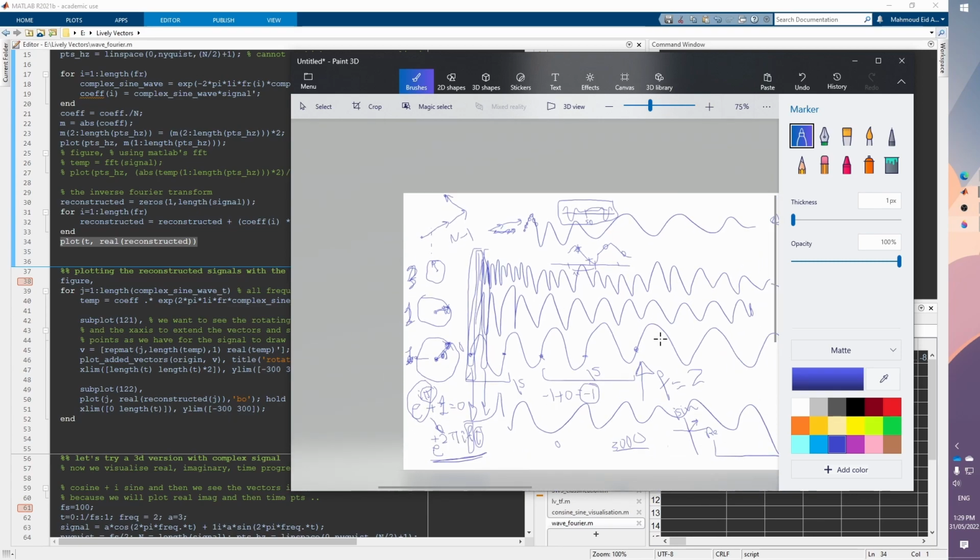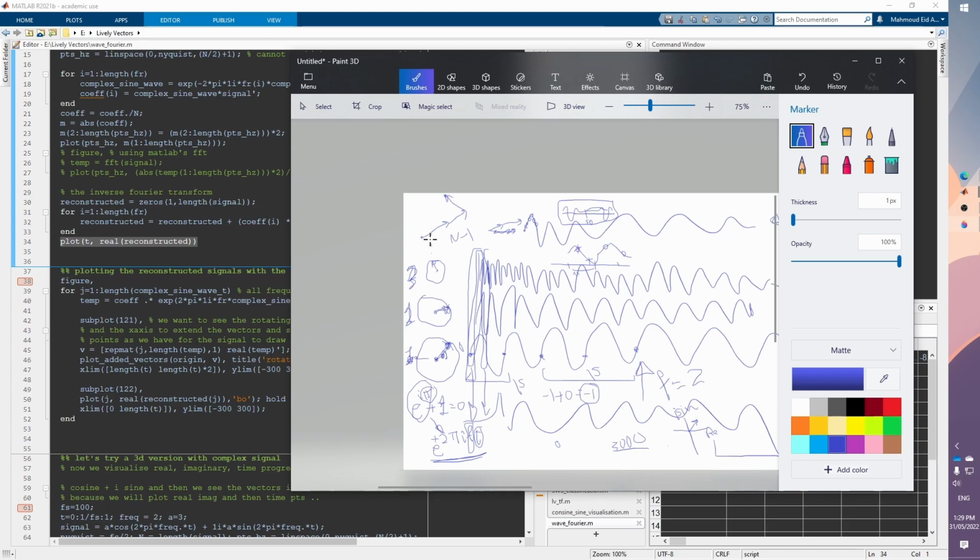Because we know that to estimate the first point, what we did was just rotating these vectors and adding them together. So if we visually add them together, this end point is the summation of the vectors at a very specific time point, right? So the end effector will be the amplitude of the signal.